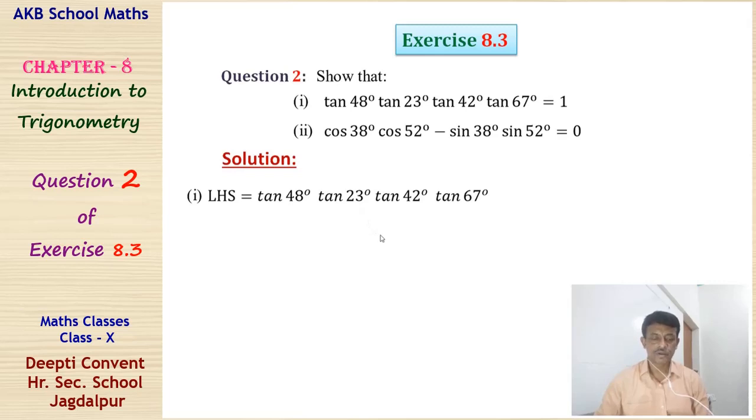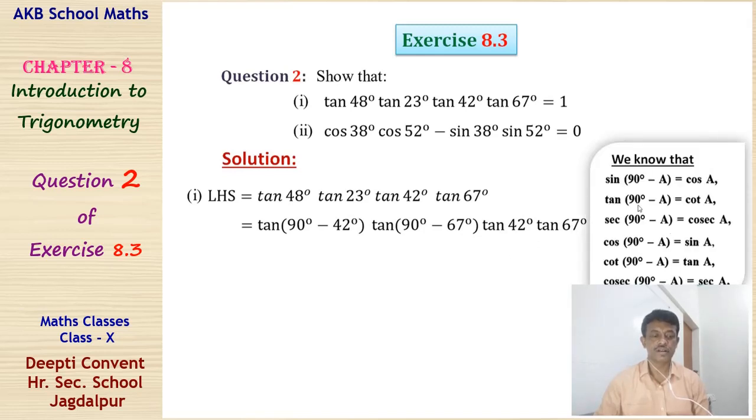So write it like this: 90 minus 42, 90 minus 67, and the remaining are the same. By using this table, tan(90 minus A) equals cot A, so we get cot 42. Similarly, cot 67.